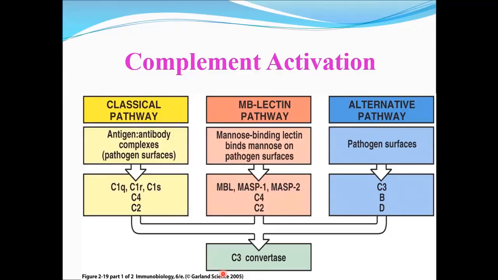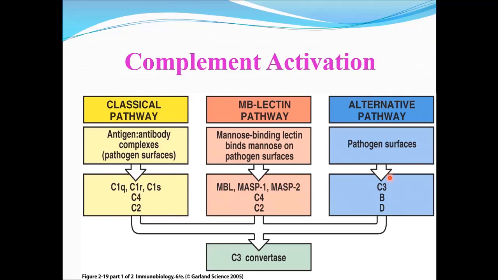Complement activation: the complement system activates via three pathways: the classical pathway, the MB-lectin pathway, and the alternative pathway. As you see here, the three pathways have their own proteins, and some proteins are common between them.